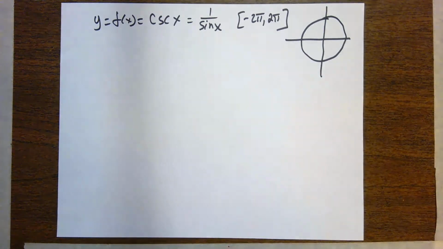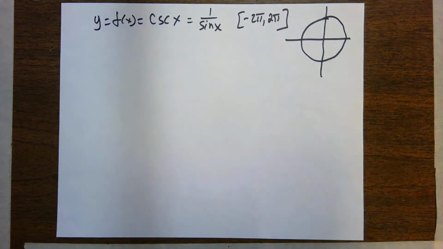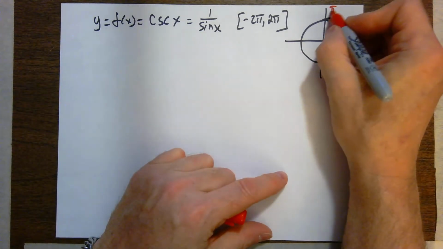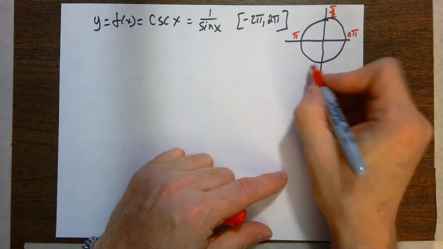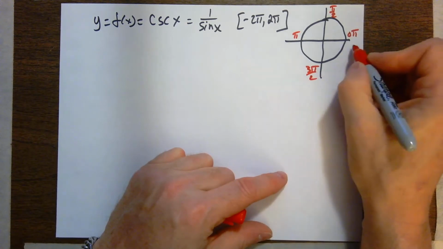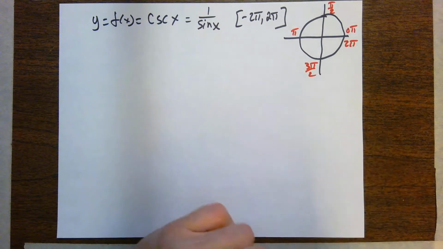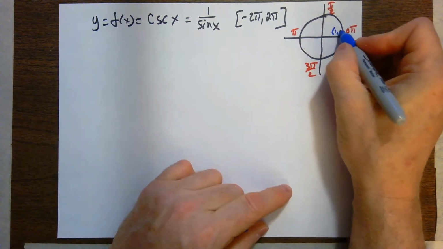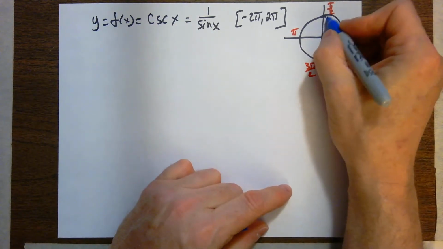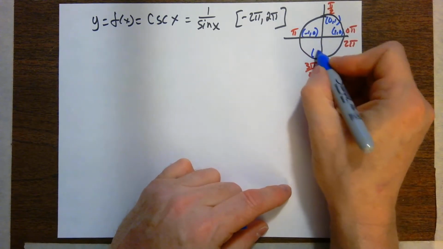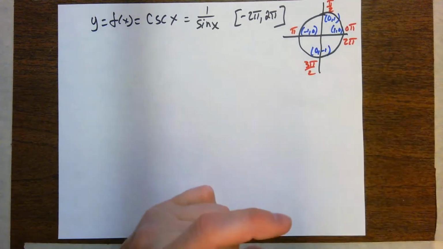Hopefully we're getting to the point where we can think about this without even drawing it anymore, and we're thinking about these angles in our head. We can see them. We can see all the points. 1, 0, 0, 1, negative 1, 0, 0, negative 1.